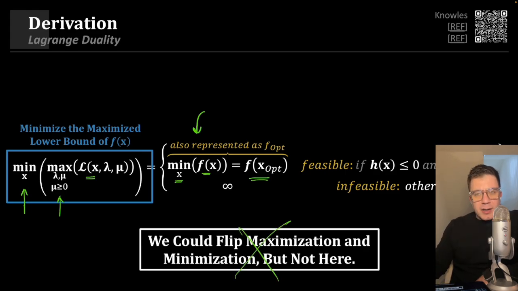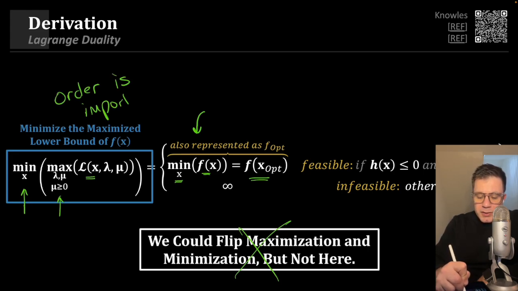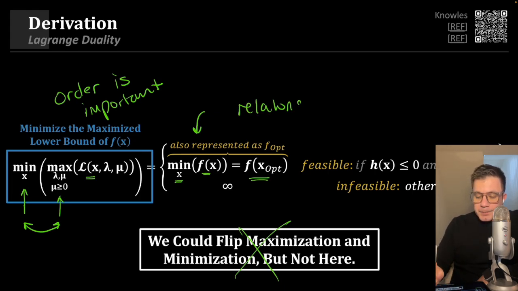And again, we're not going to talk anymore about flipping maximization and minimization. Now, the one thing I should point out here is that, as I said a couple of slides back, order is important. We cannot simply switch the order of the minimization and maximization without affecting this relationship. And that's the next aspect of this that we're going to focus on.